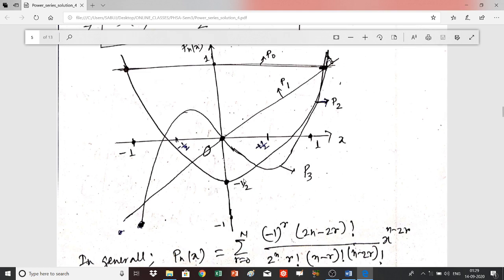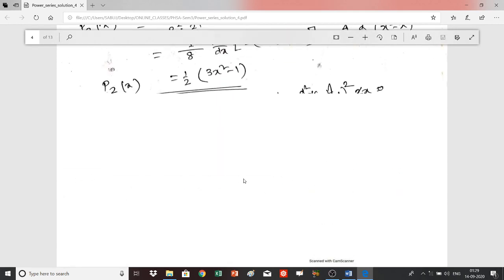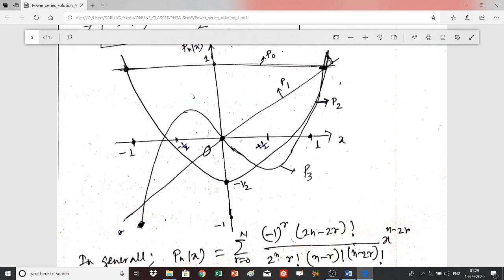And if you use x equal to 1, then from this relation you will have 3 into 1 minus 1, that means 3 minus 1, which gives 2, and this 2 and this 2 will cancel. So finally P2(1) will be 1. So for x equal to 1, P2(1) will be 1, that is here.